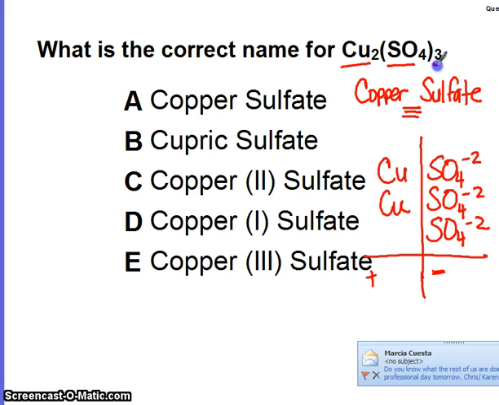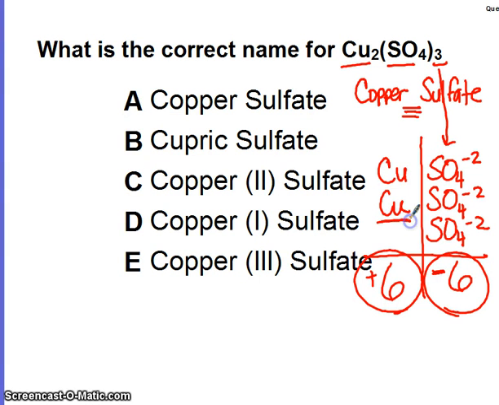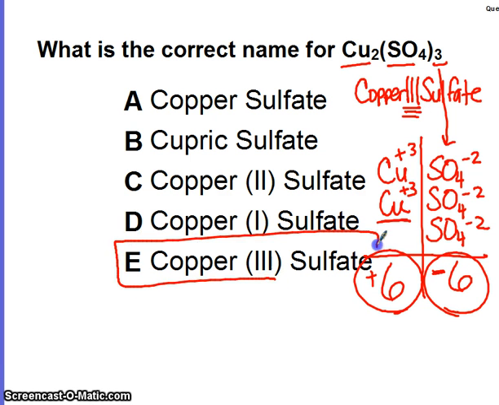And there are 3 of them in this formula, so our total charge coming from sulfates is a -6. That means that our positive charge has to be +6 so that they'll cancel. Now, how many coppers did it take to get that charge? It took 2. That means each individual copper must have had a +3 to get the +6, and so this would be copper 3 sulfate.